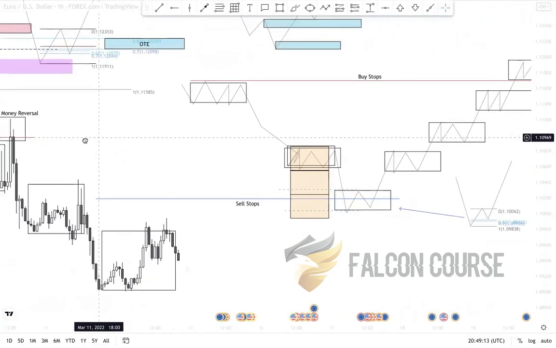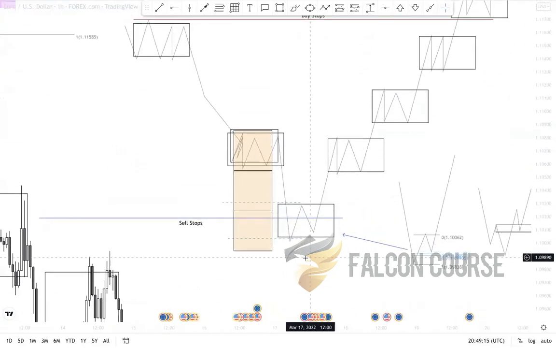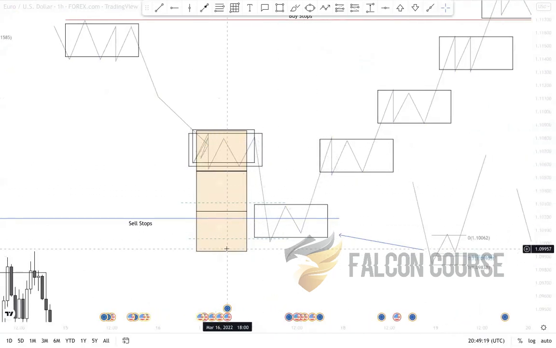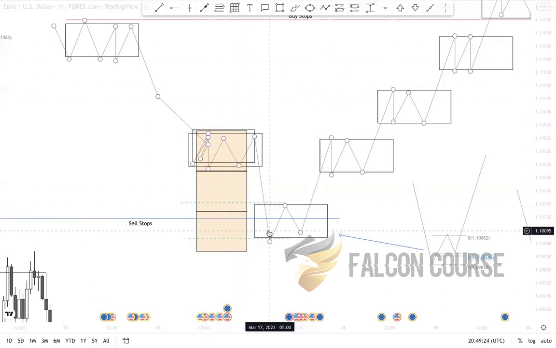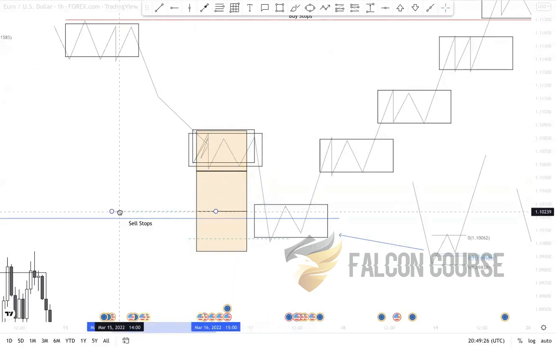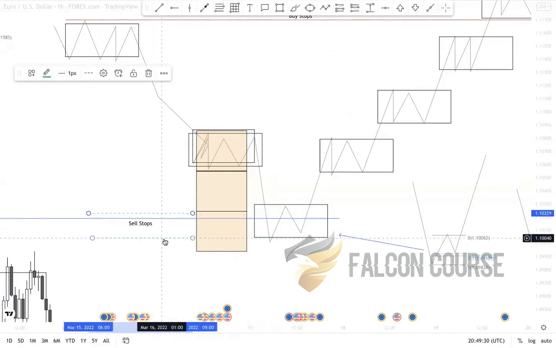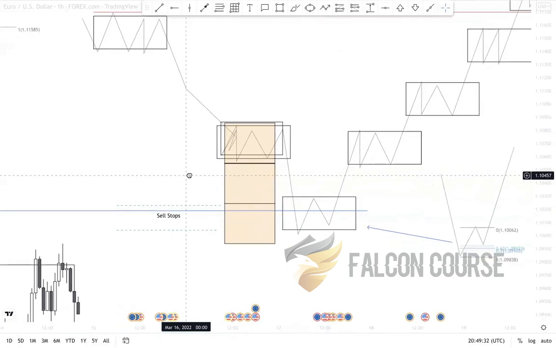A lot of times it would arrive into one or two standard deviations of the initial range, as you already know, or it will fill in, let's say, a fair value gap. That's the way you should imagine it.